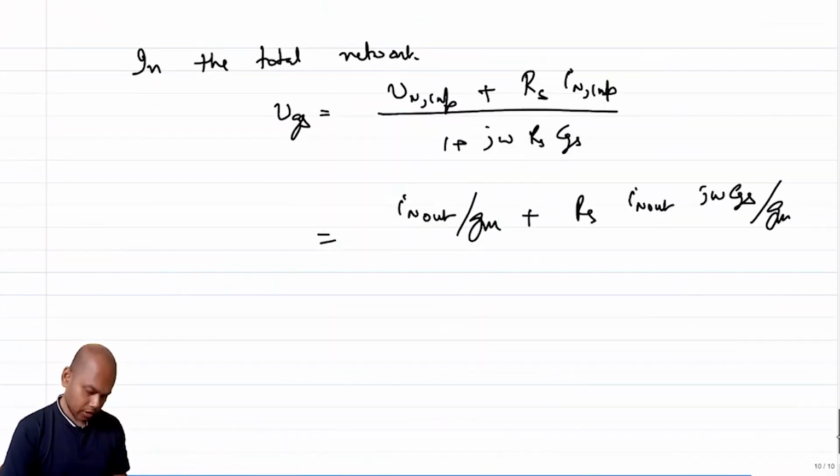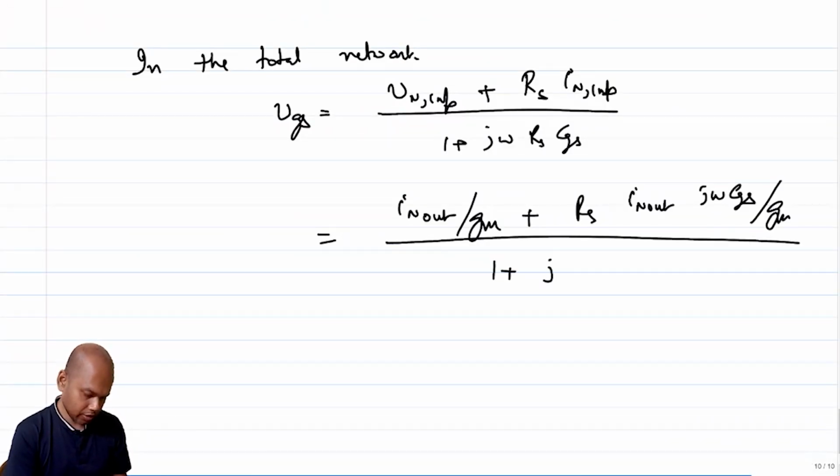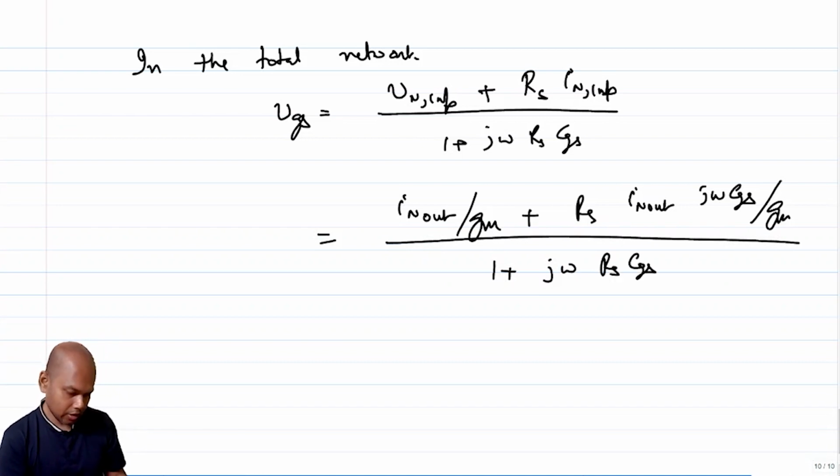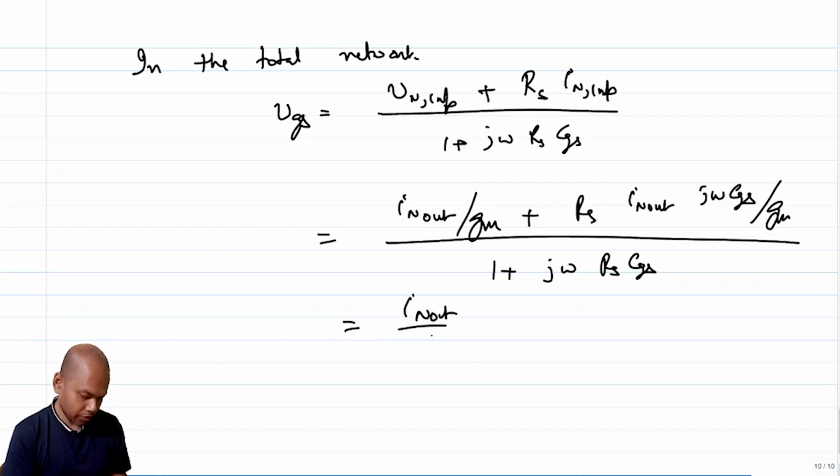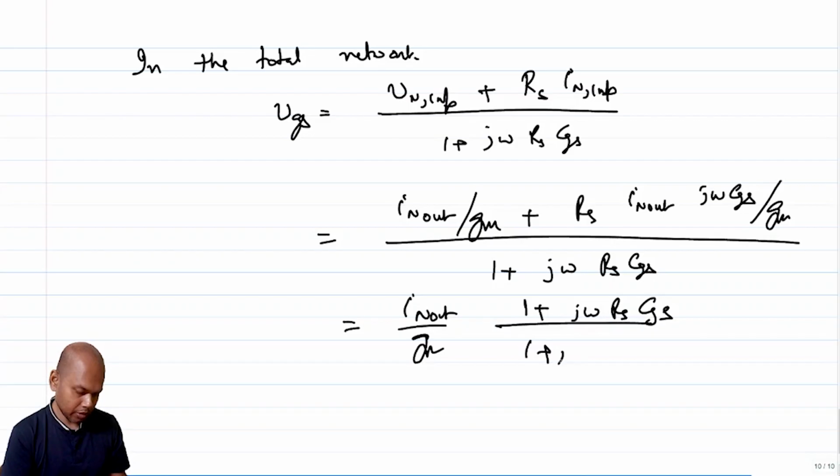Okay, fine. By 1 plus j omega RS CGS. So if you take out IN out by GM, this becomes 1 plus j omega RS CGS by 1 plus j omega RS CGS. This goes off.